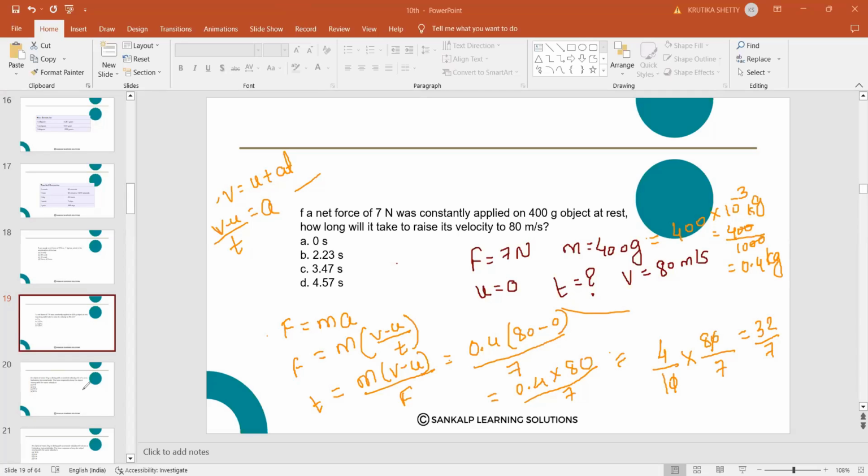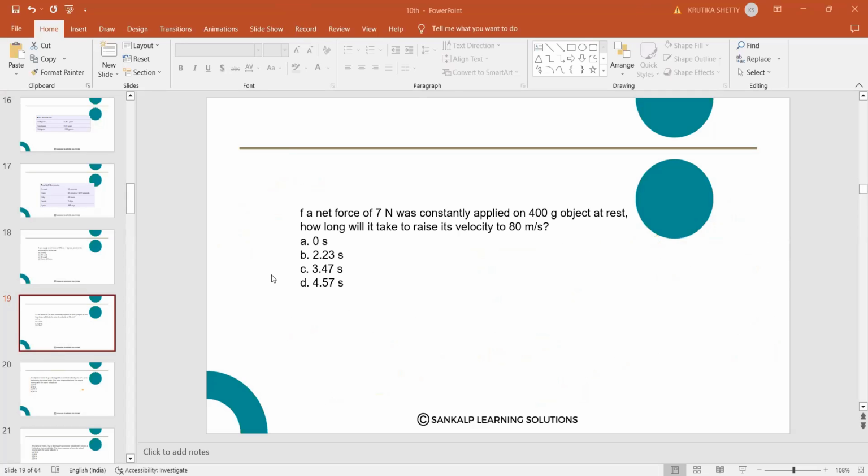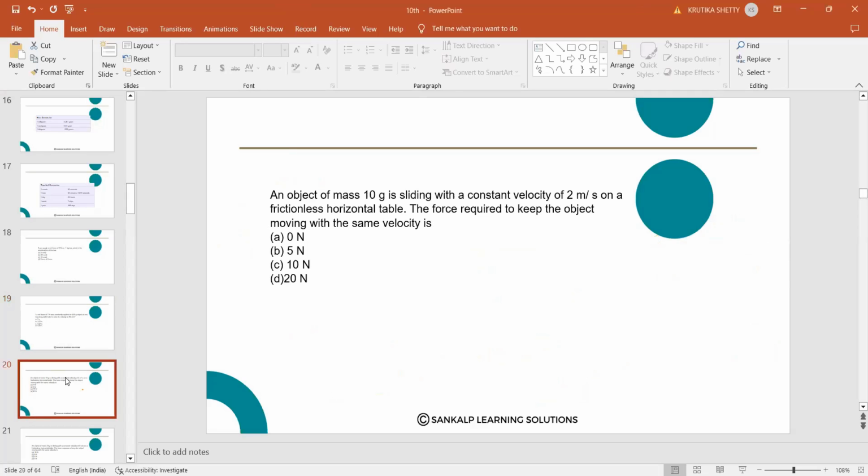Then the next question, I'll just leave it for you. You just check out and see. See this question. An object of mass 10 kg is sliding with a constant velocity of 2 meters per second on a frictionless horizontal table. The force required to keep the object moving with the same velocity is. So the object mass is 10 gram.